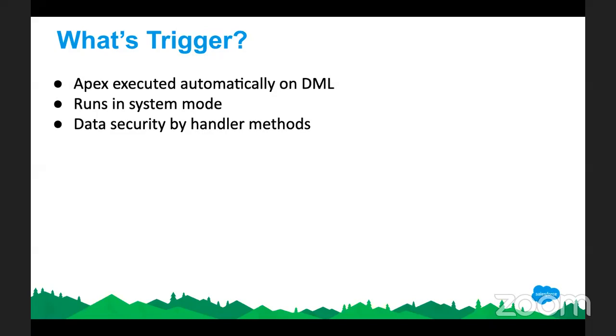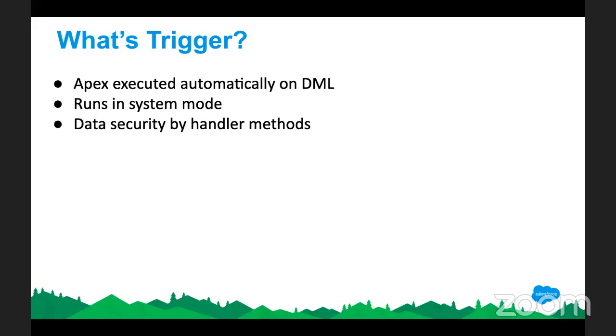So what's a trigger? If you have been a developer mainly dealing with databases, you should be very much aware of what a trigger is. So in Salesforce, it's Apex code. We have already seen what Apex is. Apex code executed automatically on DML. So whenever a DML happens, if we are handling that in the trigger, that business logic will be done in the backend. So it runs in the system mode.